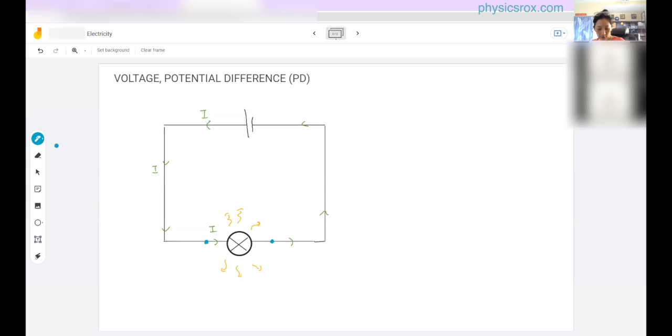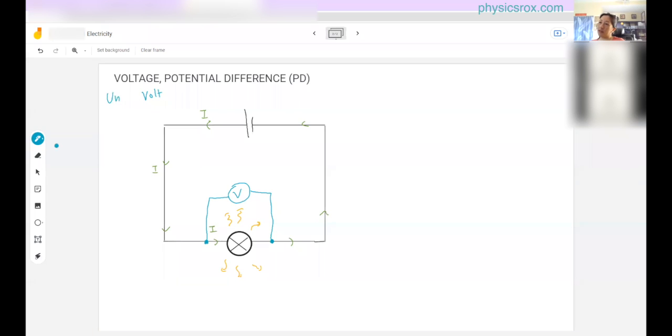Let me check, do they give you the definition for this? Not really. They didn't really give you the definition. I will give you the definition so that it may be easier for you to understand. Okay, so V is the voltmeter. You measure voltage and potential difference using the unit volt. Okay, volt. This is your unit. I think I better write that out for you.